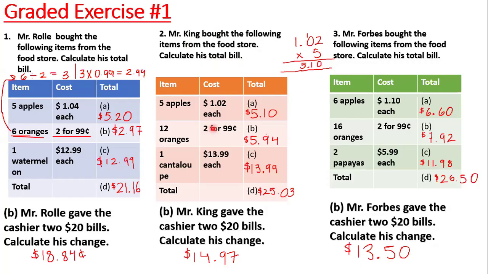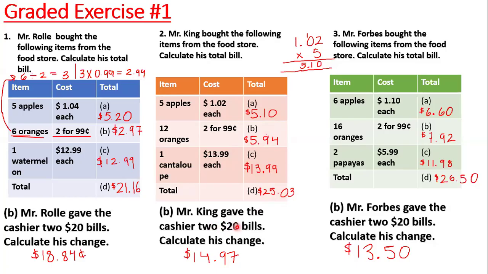So 6 times 99 is $5.94. And then 1 cantaloupe is $13.99. And then the total is $5.10 plus $5.94 plus $13.99, which is $25.03.